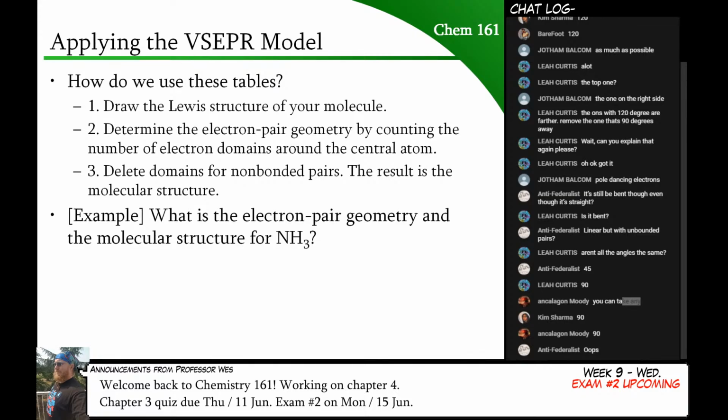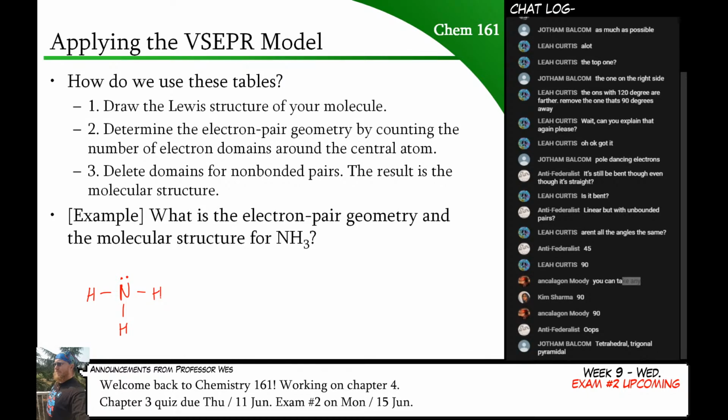All right, hopefully you drew something that... Oops, that's not the pen. There we go. Hopefully you drew ammonia like this. Because then we got to correct it for geometry. So what we're going to do is we're going to count electron domains.